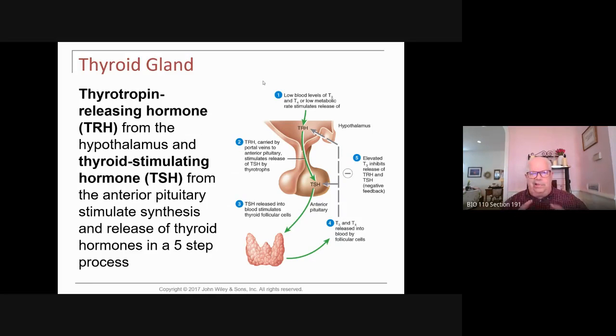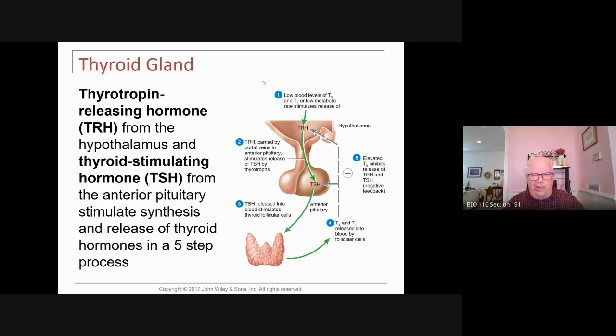So how does thyroid hormone work? Well, the hypothalamus secretes thyrotropin releasing hormone. This stimulates the pituitary, the anterior pituitary, to release TSH, thyroid stimulating hormone.